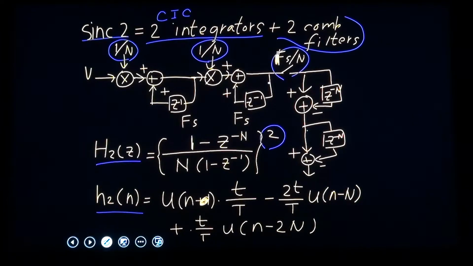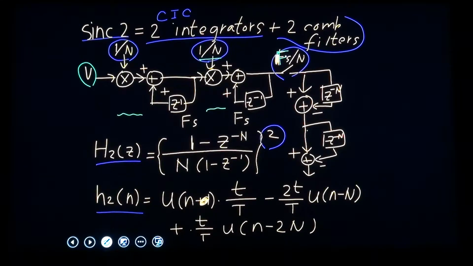So in this circuit, from the delta sigma modulator output, we have a normalization factor, a non-inverting integrator here, and another non-inverting integrator with a normalization 1 over n. And then downsampling by fs over n, and then two comb filters in series.